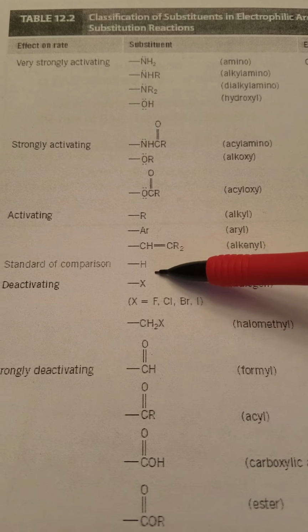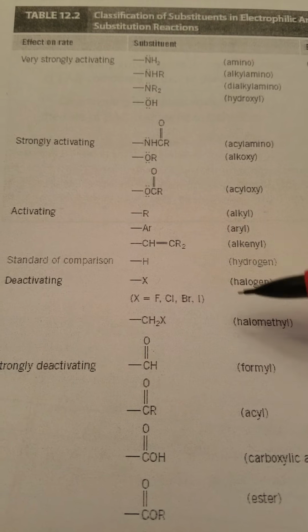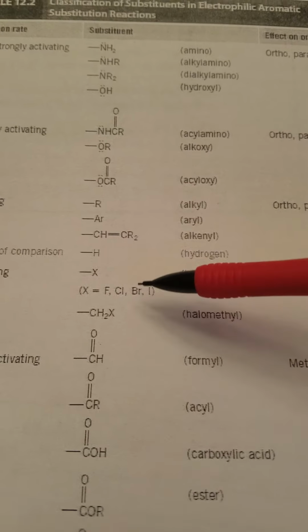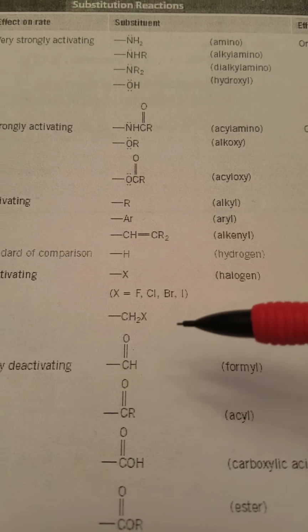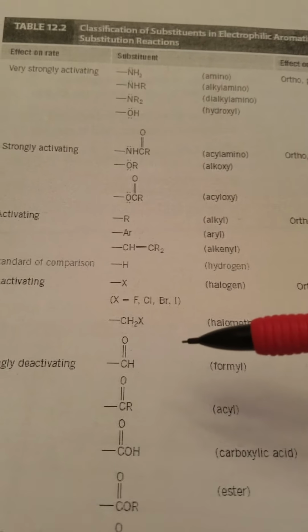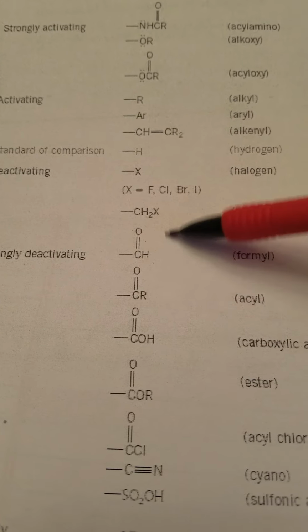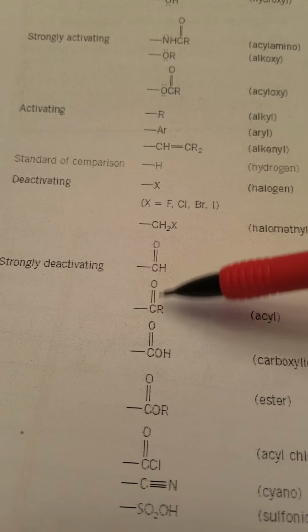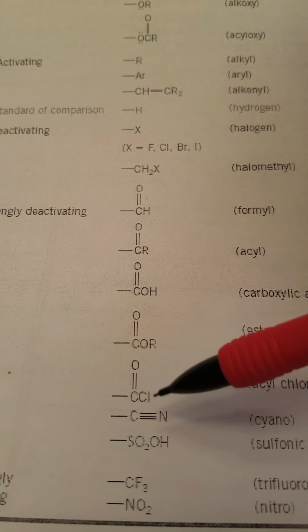And when you get down here to your halogens, they are deactivating, but they are still going to be ortho-para directors. So you can still form two products, one in the ortho position, one in the para position. As you move on down, you can see things like this one, your group that is found in your aldehydes, your ketones, your acids, your esters, your acyl chlorides, and so forth.